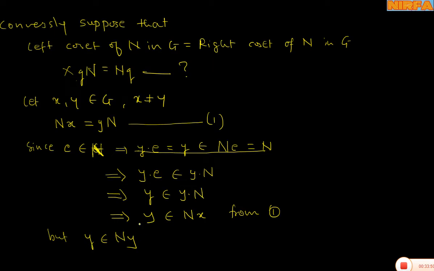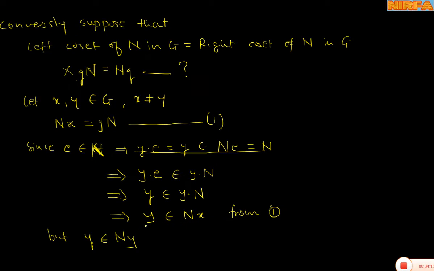That means this y is common in two different right cosets. We know that two right cosets of n in G are either equal or disjoint. That means if two right cosets are identically equal, that means all the elements of the two right cosets are same or totally different.